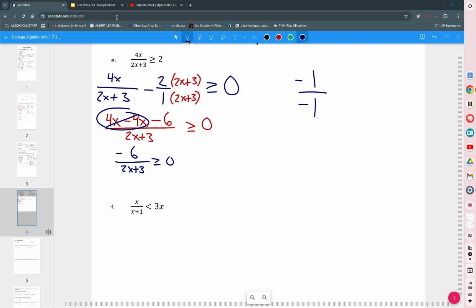Is that -1? That's +1, is it not? So you multiply through by -1, you just multiply the top or the bottom. So I'm going to multiply this top by -1, and I get 6 over 2x plus 3 is less than or equal to 0. I just switch the sign and multiply that negative off.